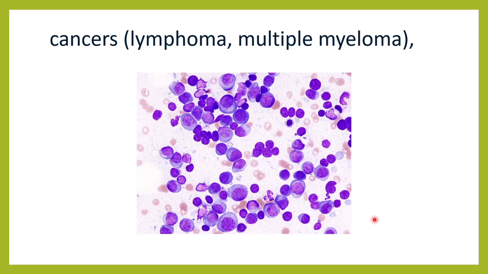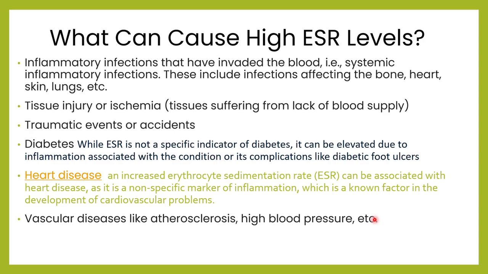Certain cancers, you have lymphoma, multiple myeloma, there is abnormal immunoglobulins, uncontrolled production of these immunoglobulins, and these are going to increase your ESR. Multiple myeloma is a case wherein there is uncontrolled production of this immunoglobulin. Patient comes to do a normal blood test, we will see that his ESR is very high.